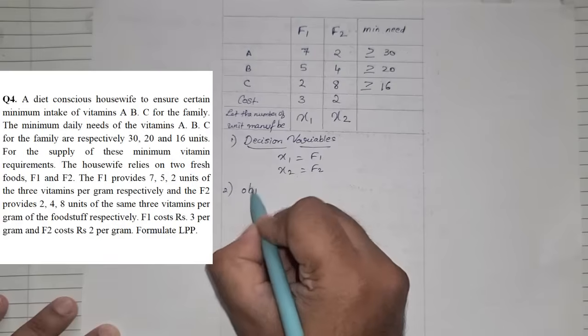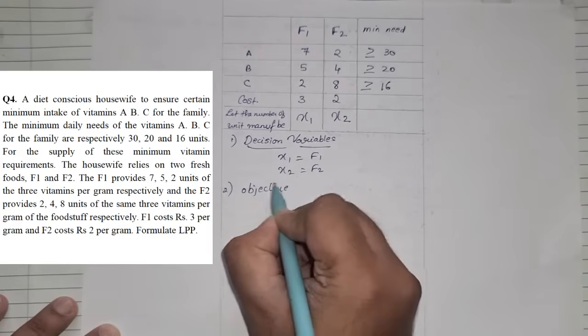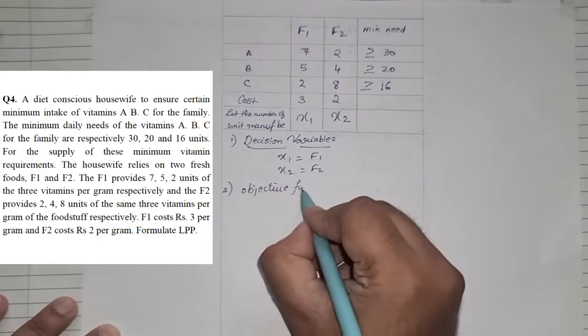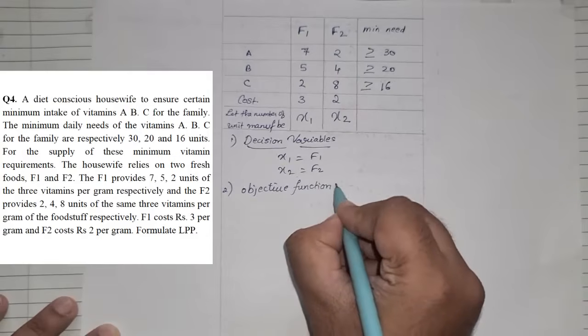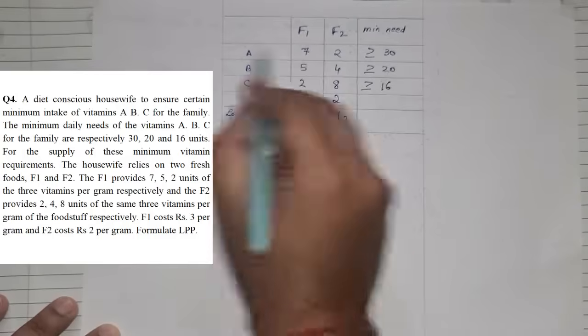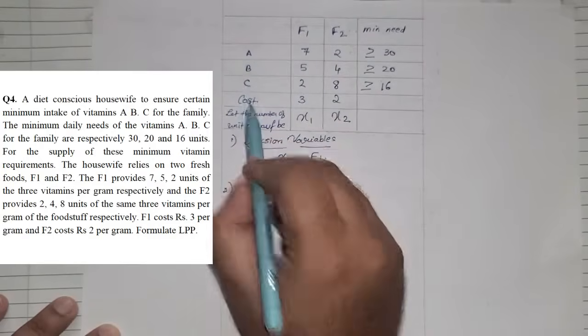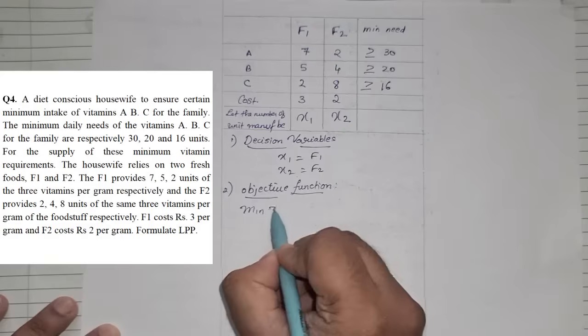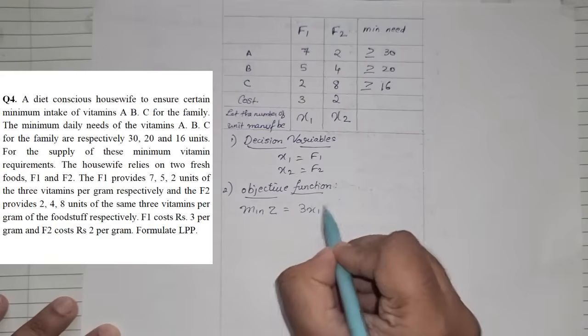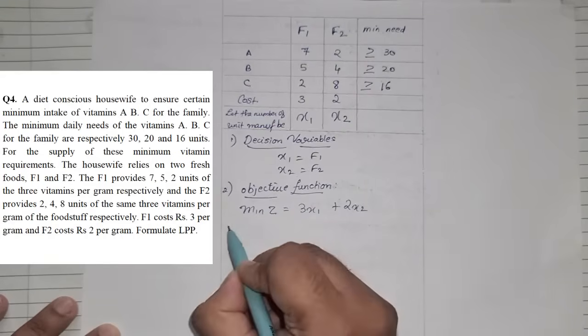Second, objective function. This is based on cost, so it's a minimization. So minimization z is equal to 3x1 plus 2x2.